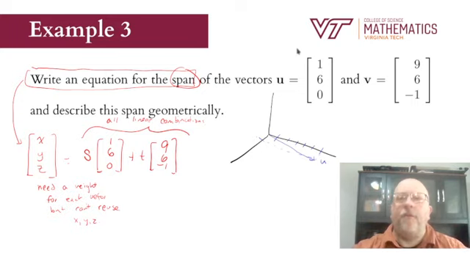And then the other vector, v, is 9 units in the x direction, 7, 8, 9, still 6 units in the y direction, and then down 1 unit from that. So that's going to be our vector v.